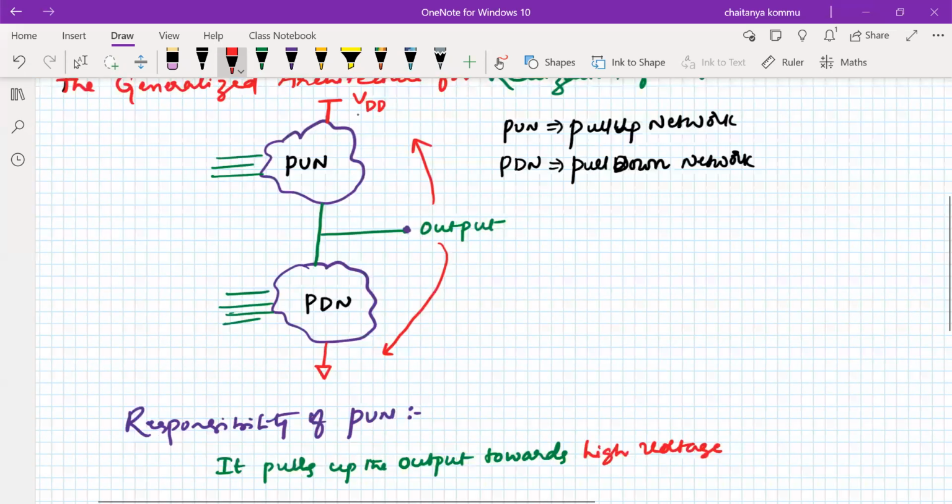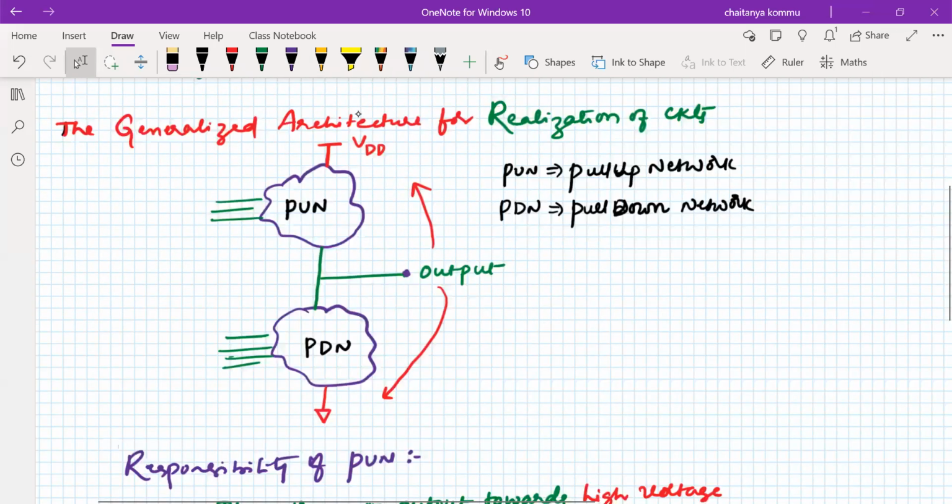Now the next question is, what kind of elements or devices do I have to use for pull-up and pull-down?